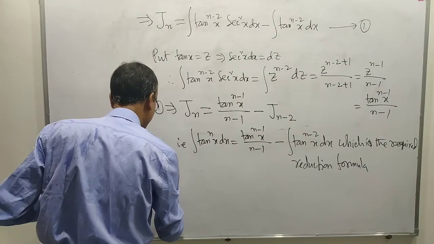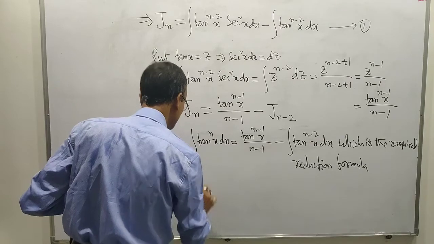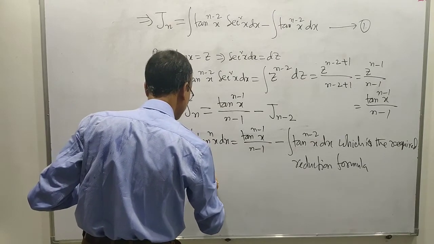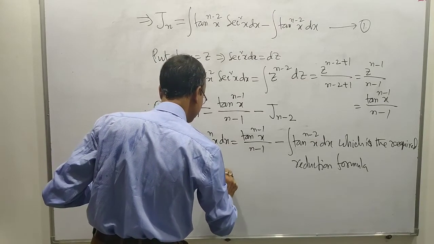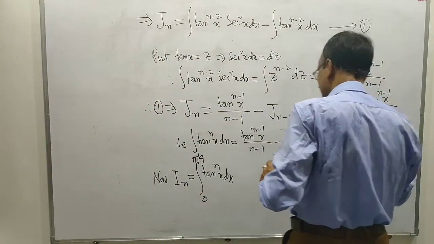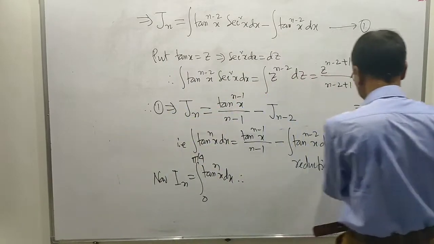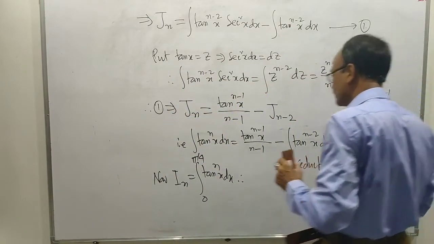Now, if I_n is equal to integration 0 to pi by 4 tan to the power nx dx, suppose this is number 2.